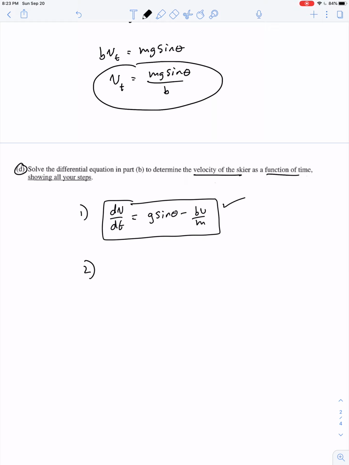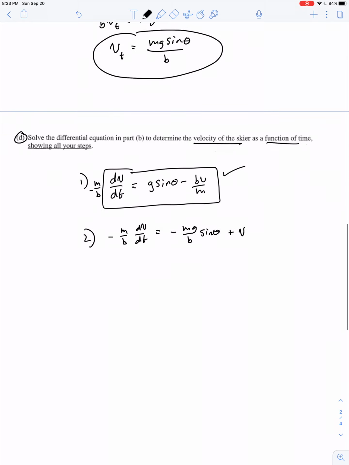We can multiply both sides of the equation by negative m over b. Okay, so this will give us negative m over b times dv dt is equal to negative mg over b sine theta plus v.